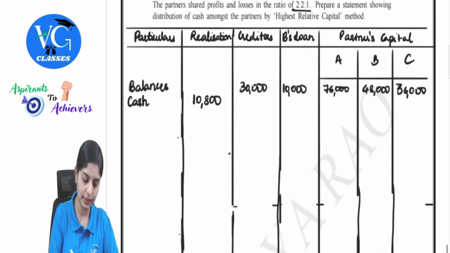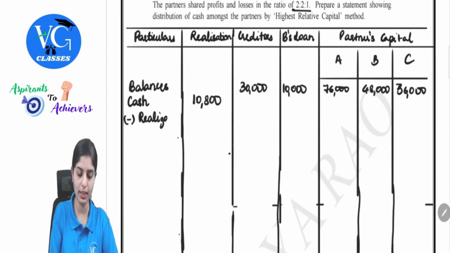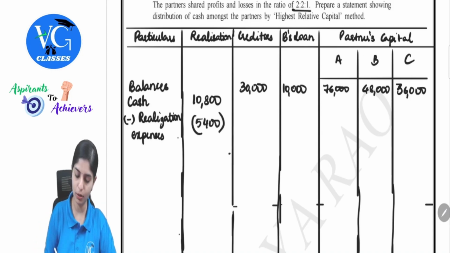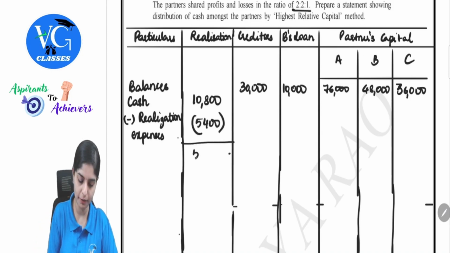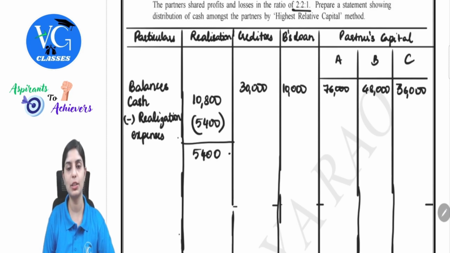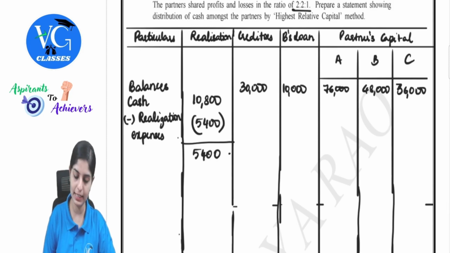So first we will set this off, because always the first priority is for realization expenses. 10,800 minus 5,400, we will still be left with 5,400. So first preference after providing for realization expense will be creditors.